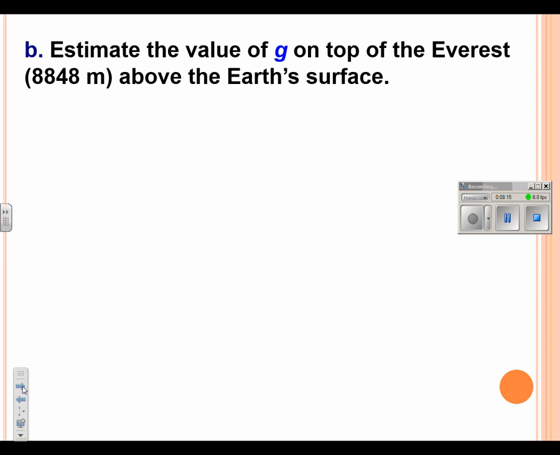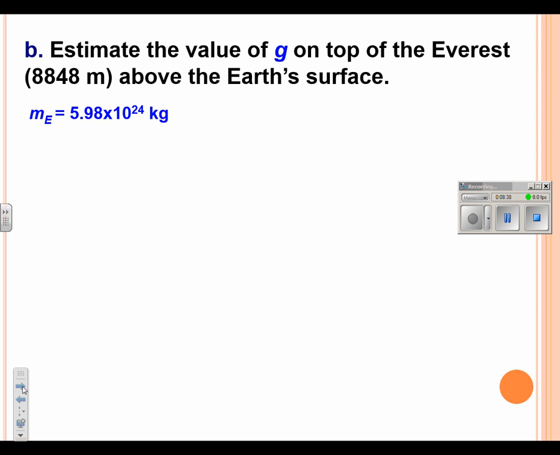So in order to find gravity, we would have to know the mass of the Earth, the universal gravitational constant, and how far from the center the top of Mount Everest is. For that, we need the radius of Earth plus 8,848 meters.